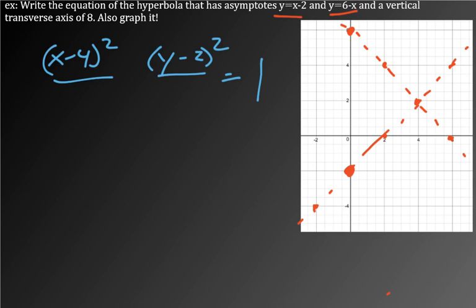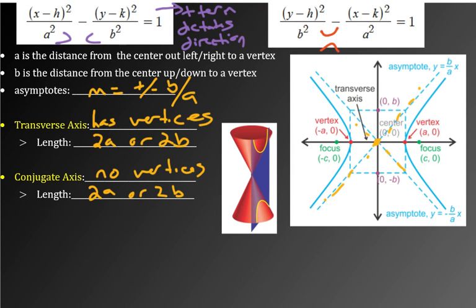And that is what we can get from this fact. So I say that the transverse axis is vertical, I need that too. Vertical transverse axis of 8, okay? So if you go back to the definition of a transverse axis, the transverse one is the one that has the vertices. So that means that my hyperbola is actually like this picture.